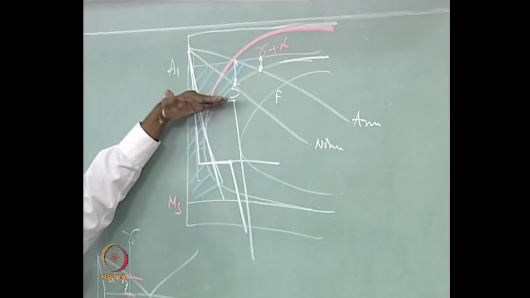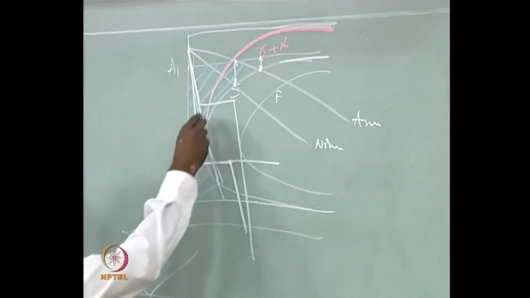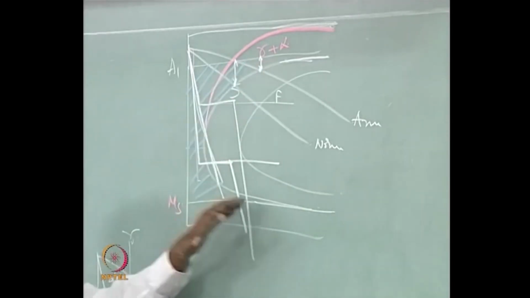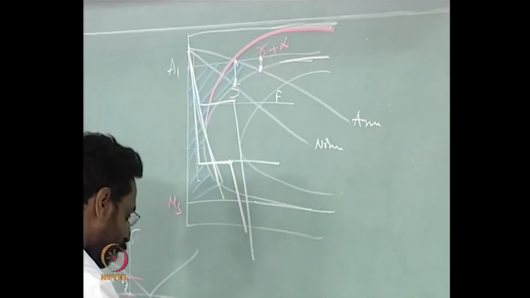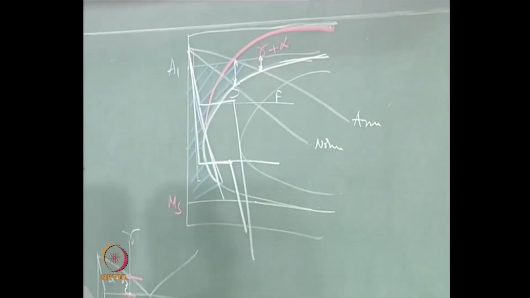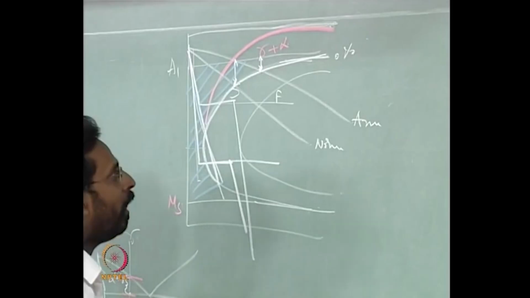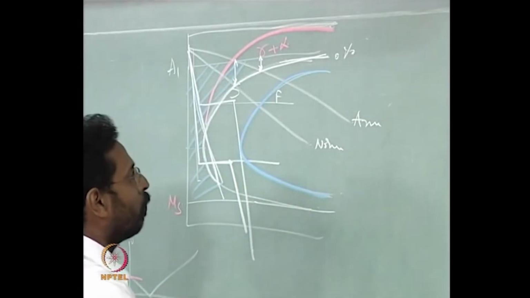That is why you get a lamellar alpha plus cementite mixture here, and one can draw a number of other isotherms here. If you call this the start of transformation, it means 0% transformed. If you call this the end of transformation, it means it is 100% transformed.